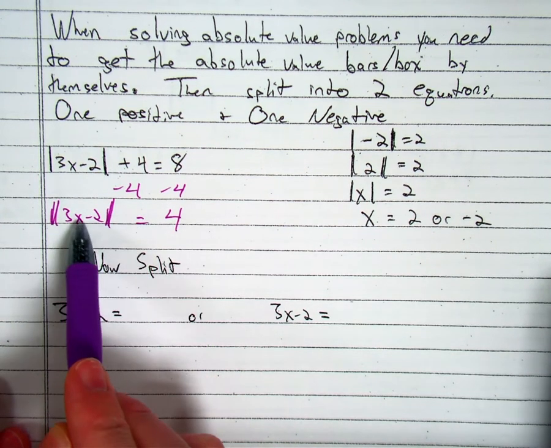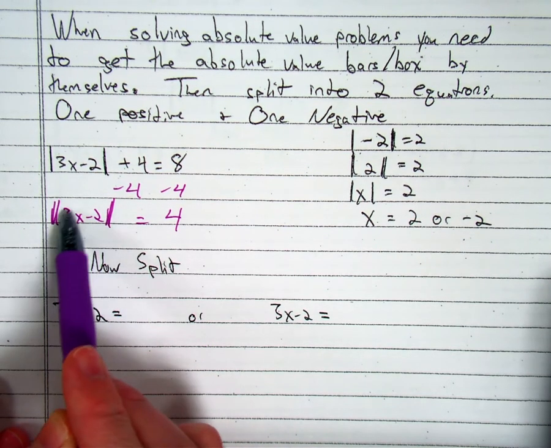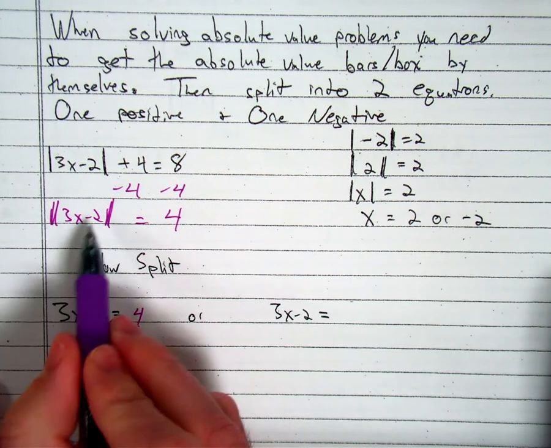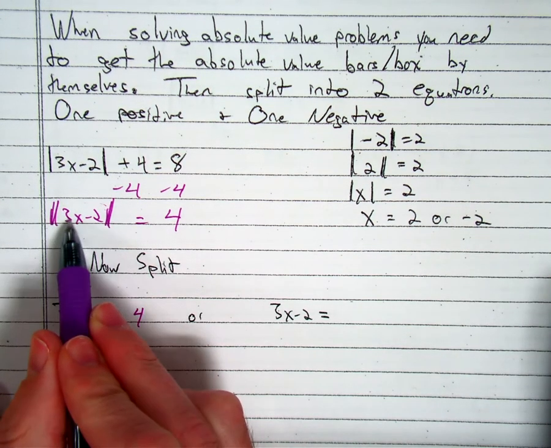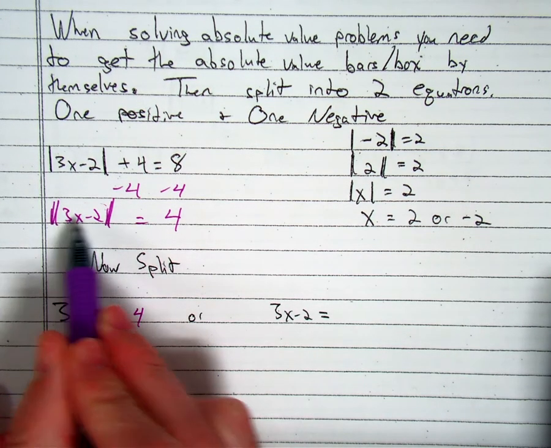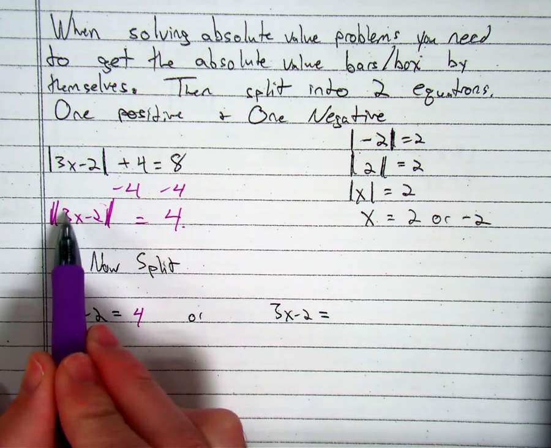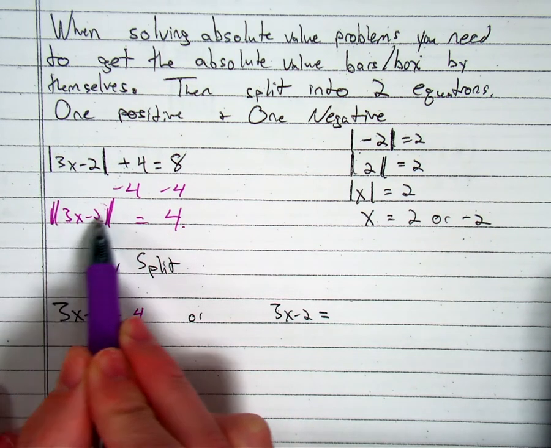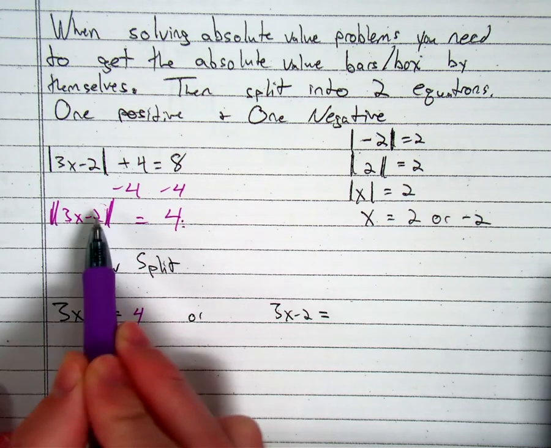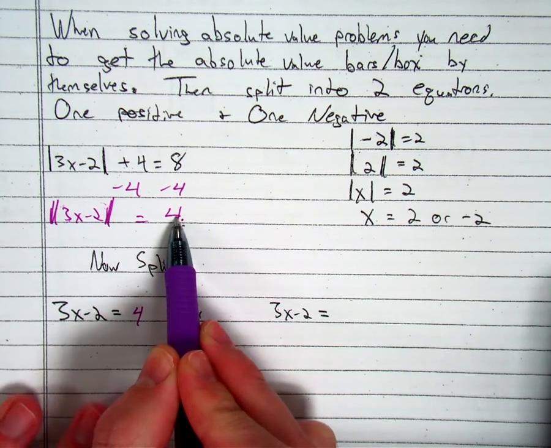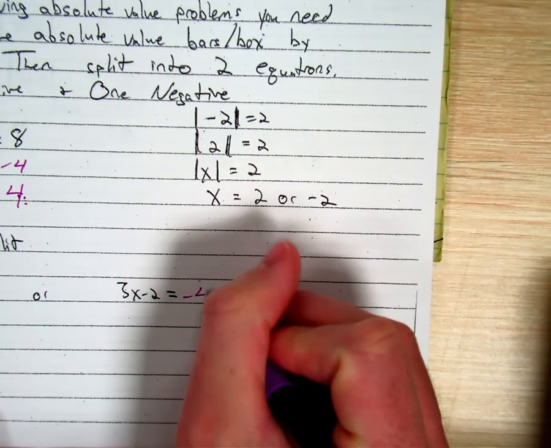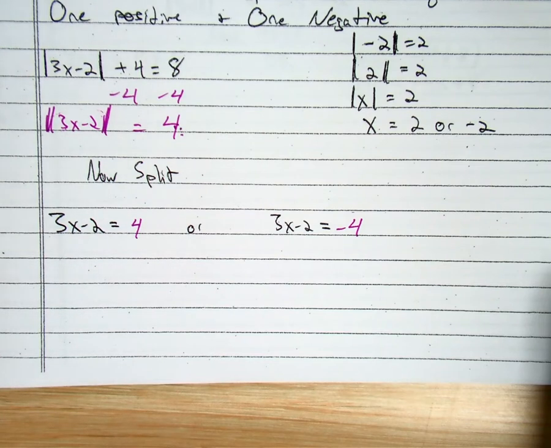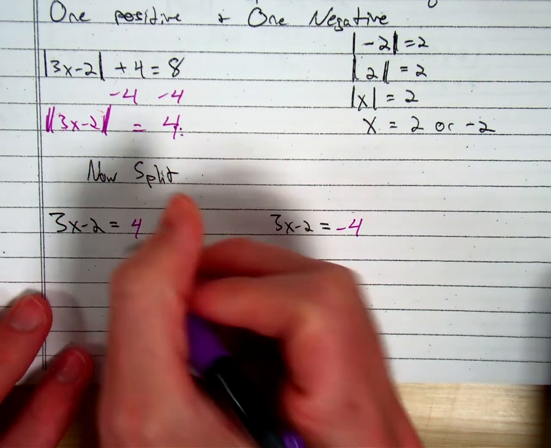I know that whatever is in here has to either be 4 or negative 4, because the absolute value of that would equal positive 4. So we're looking for when 3x minus 2 would equal 4, or when 3x minus 2 would equal negative 4.